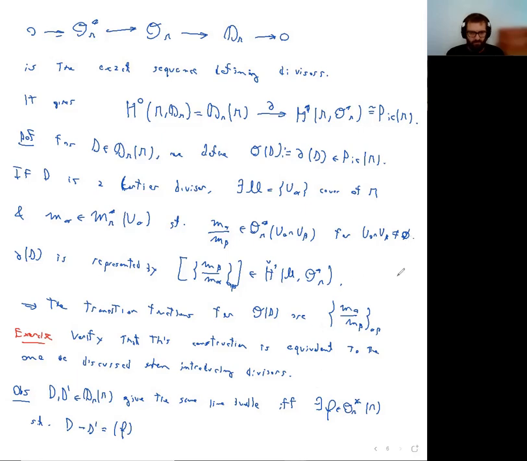Sorry, one second. I think I'm doing something wrong. So to give the same object here means you differ by an element in the kernel of the next map.